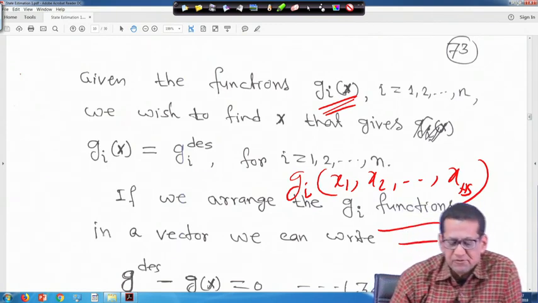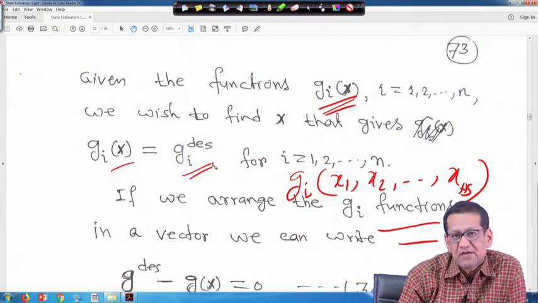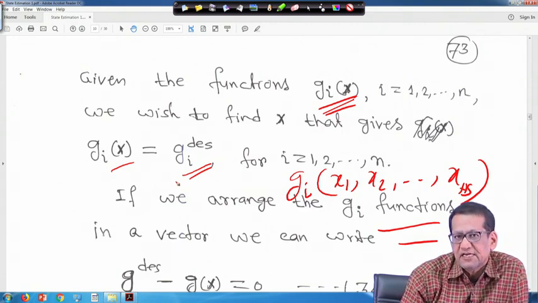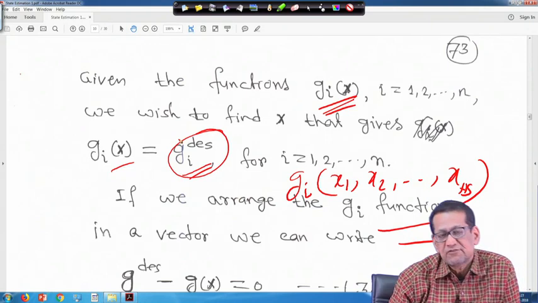We wish to find x that gives g_i(x) equal to the desired value g_i desired. I mean, when the solution converges, we should obtain the values of x1, x2 and so on, such that it gives whatever desired value we want.